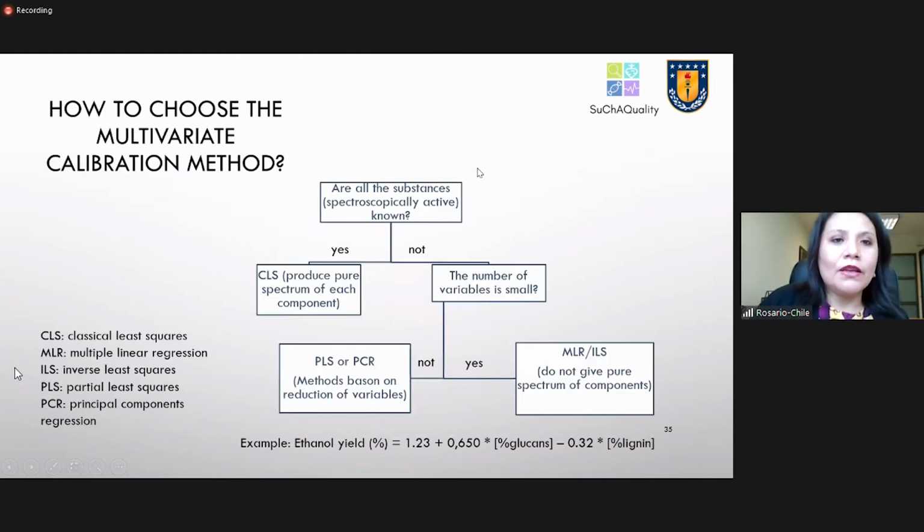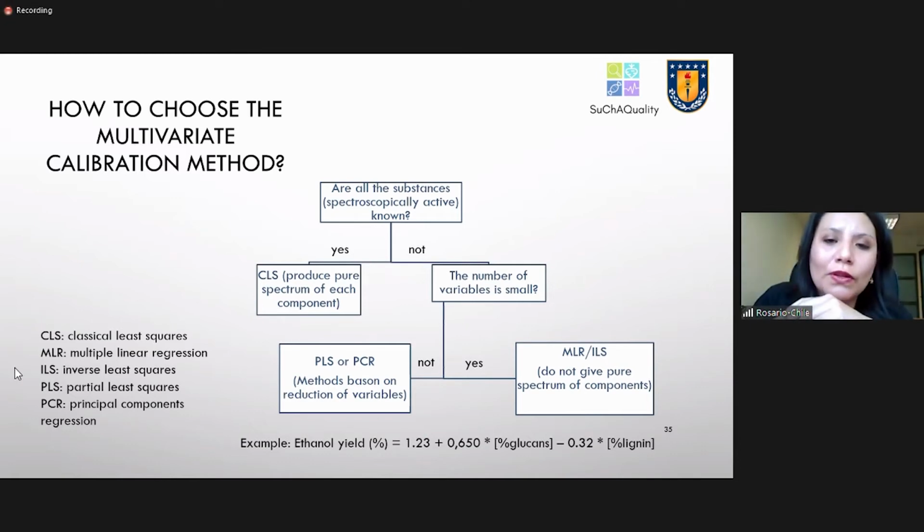So this is a flow chart to understand which method is better for our data. The question here is whether all the spectroscopically active substances are known or not.